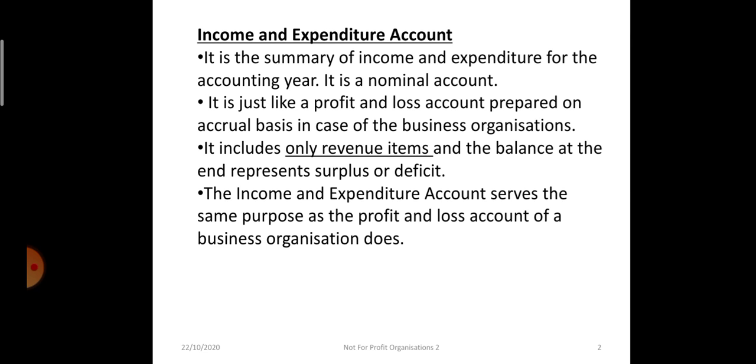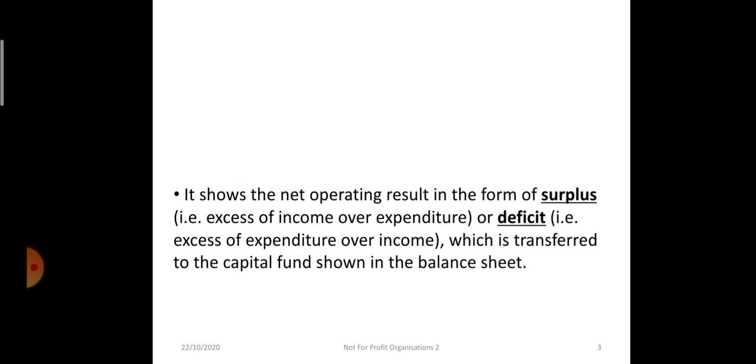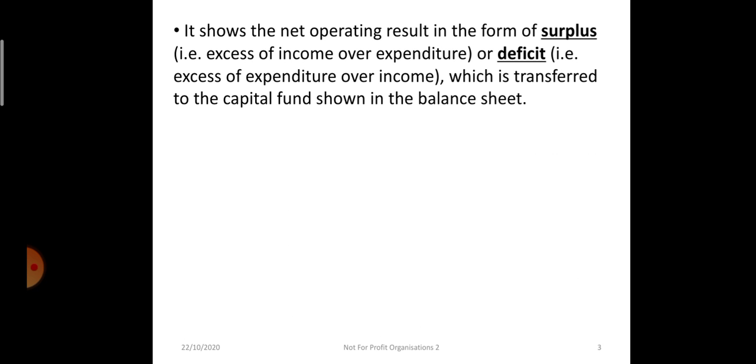Here we will be getting surplus or deficit. All the revenue items relating to the current period are shown in this account. The difference between them, surplus or deficit, is transferred to the capital account shown in the balance sheet.